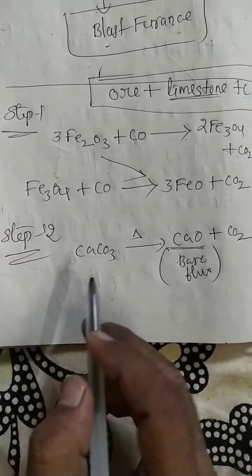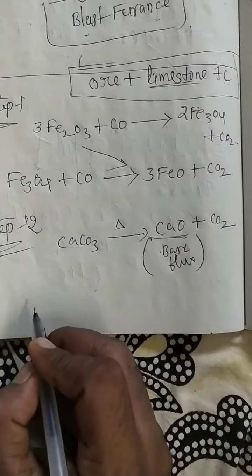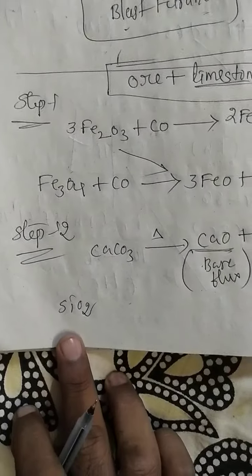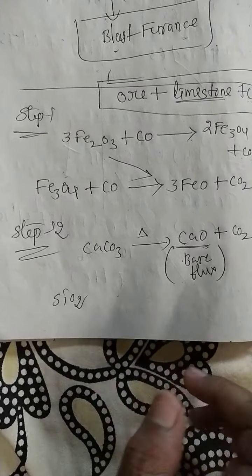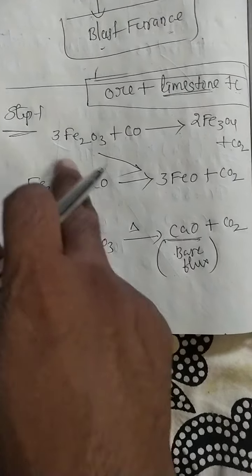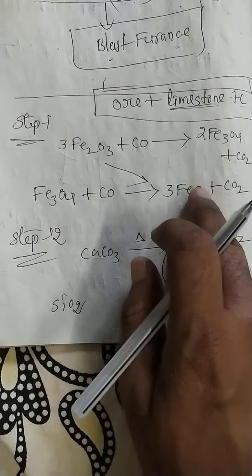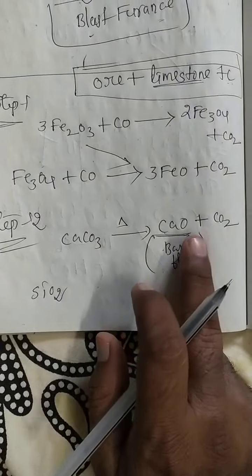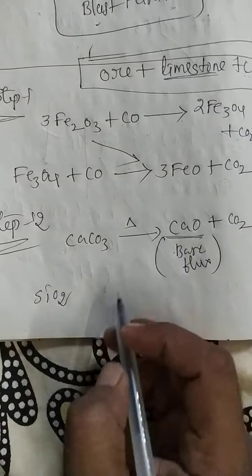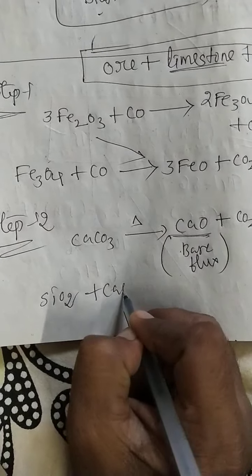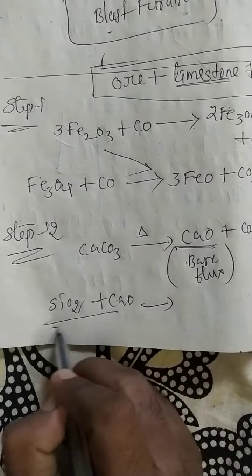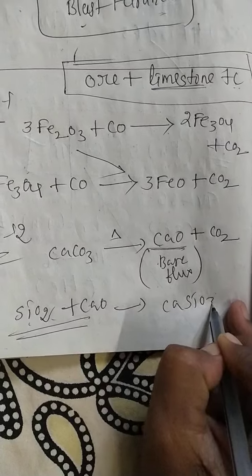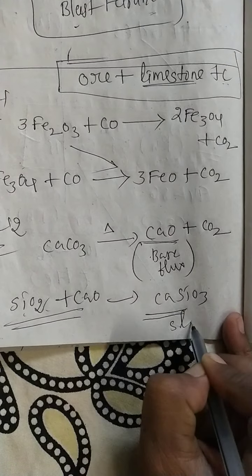If inside the blast furnace silicon dioxide impurities are there, this is an acidic flux. So inside the FeO there are extra SiO2 impurities. When limestone decomposes into calcium oxide and carbon dioxide, this calcium oxide reacts with SiO2 to form CaSiO3. This is calcium silicate, it is called slag.